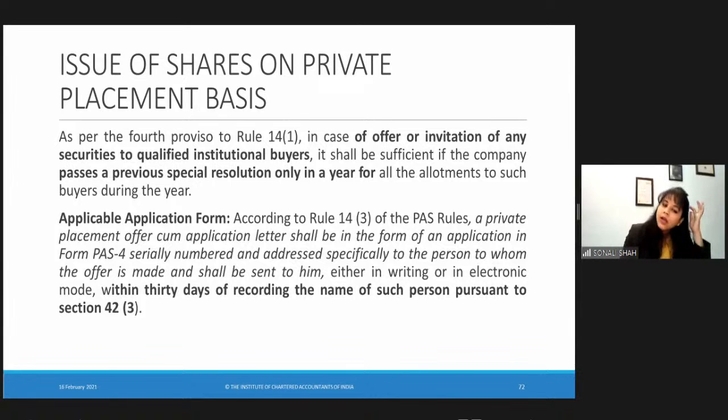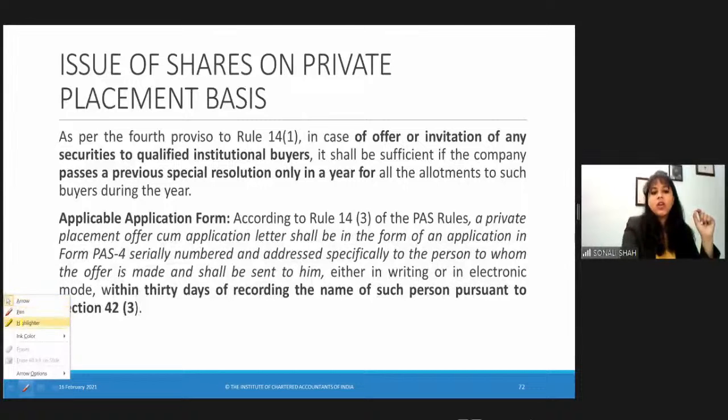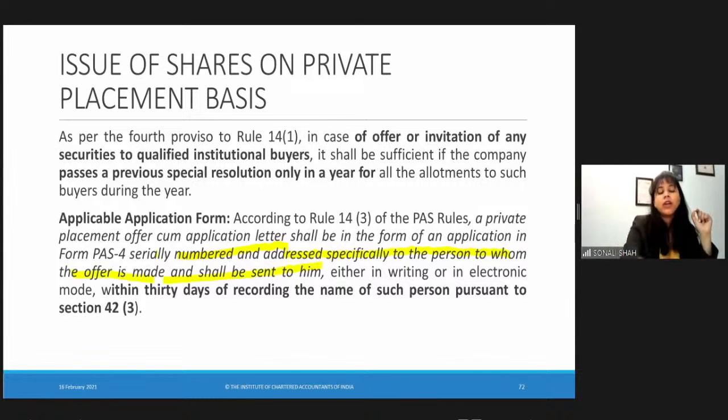Now, coming to the application form that has to be submitted when the private placement offer is made. The private placement offer cum application is made in form number PAS 4. It has to be numbered properly. There is a serial number on each application that is issued, and it is addressed specifically to the person to whom the offer is made.